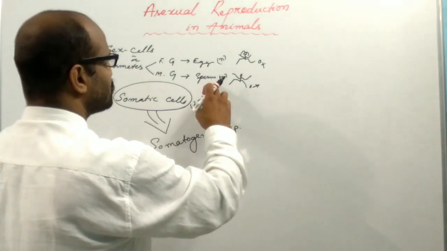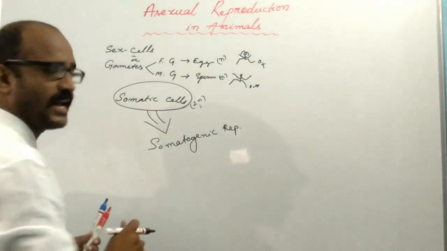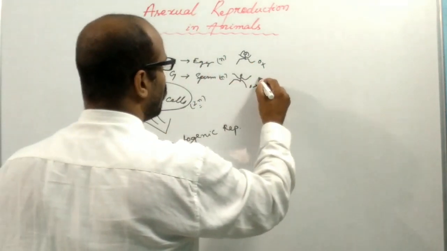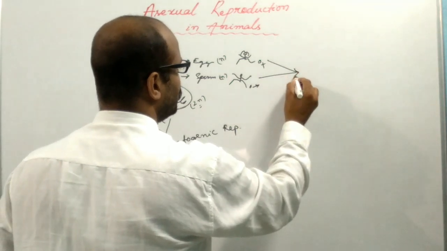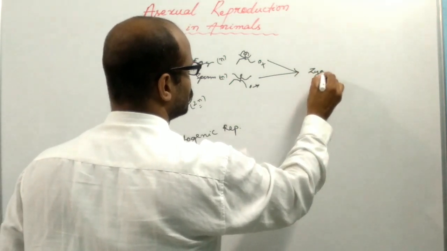Father shares sperm and mother shares egg, and by the fusion of egg and sperm, zygote is produced.